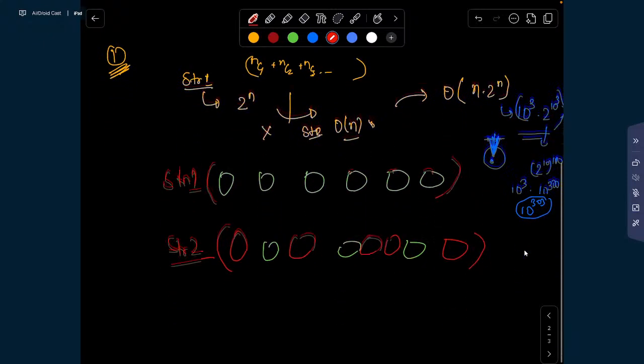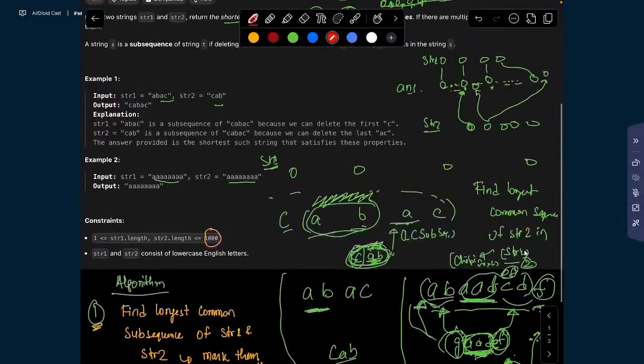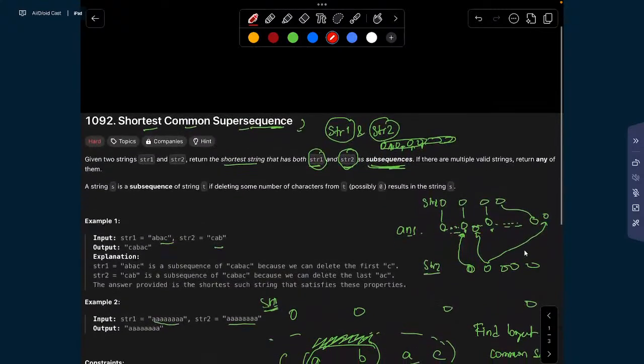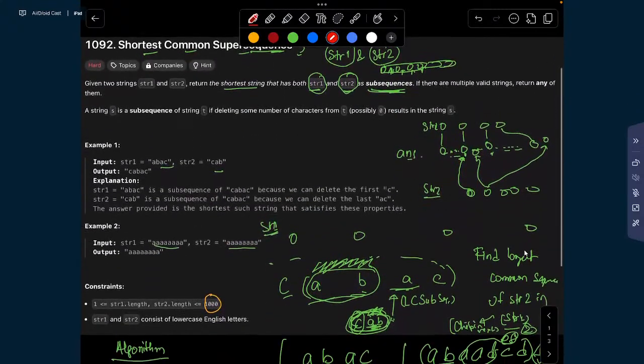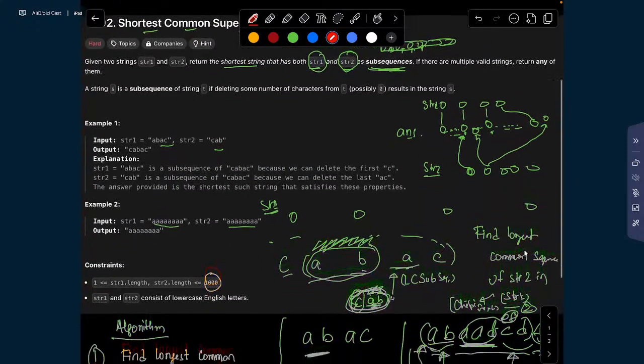This is of order 10 to the power 3. Both of them as subsequences, and we have to find the longest which is common.